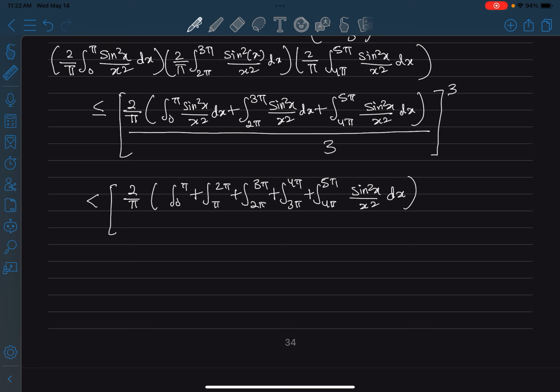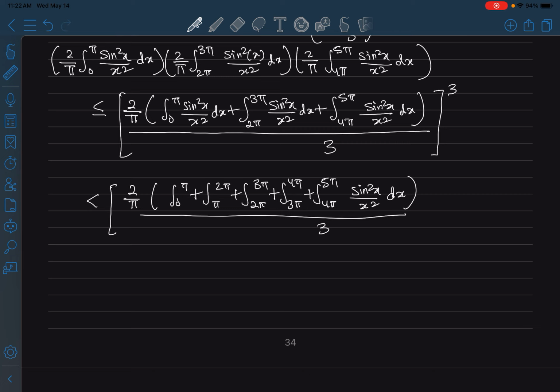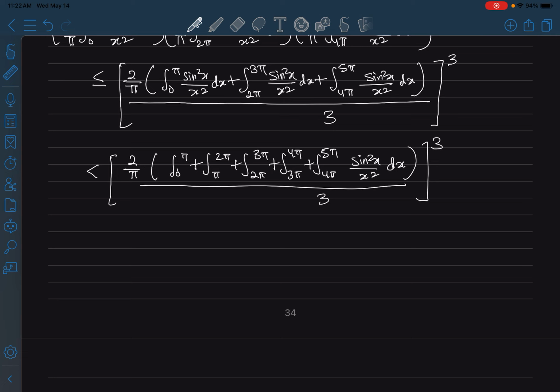And I'm saying this is strictly less because these quantities will be positive because the integrand is positive and the integral is running in a positive direction, right? So yeah, in this cube. And now I can write this as 2 by pi times the integral from 0 to 5 pi of sine square x by x square dx, divided by 3 whole cube.